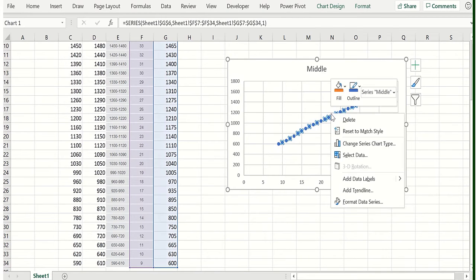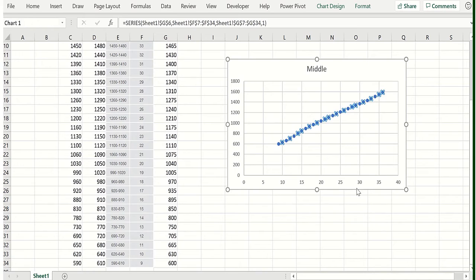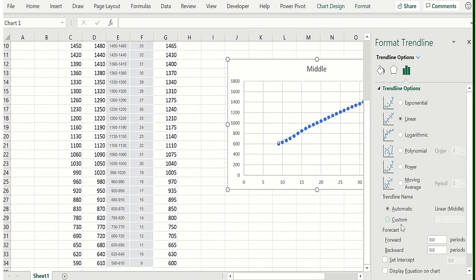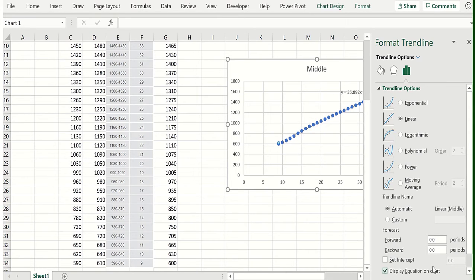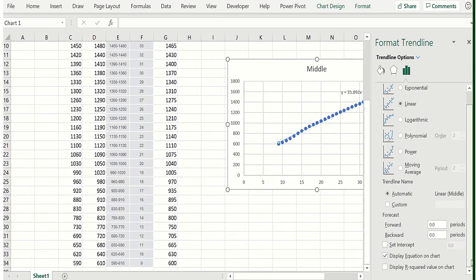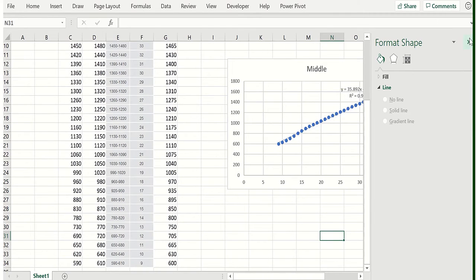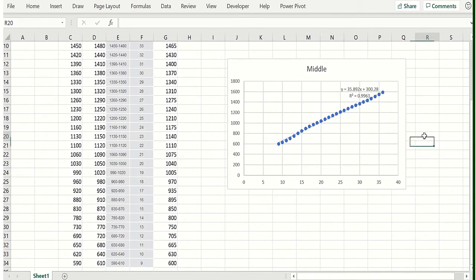And if I go right click, add trendline, we should get the same deal here. So I want the intercept, I want r-squared there, and I want the equation on chart. And so there we go. We get exactly the same thing there. Make that a little bigger, I guess.